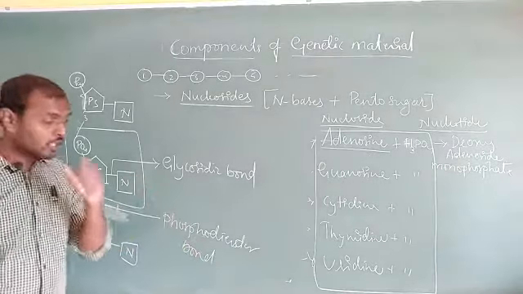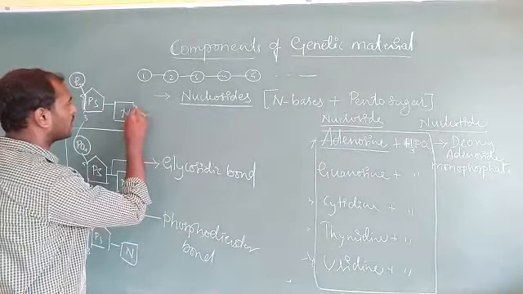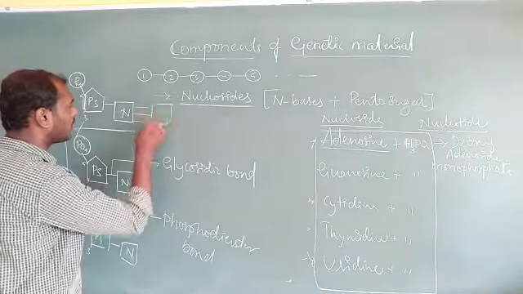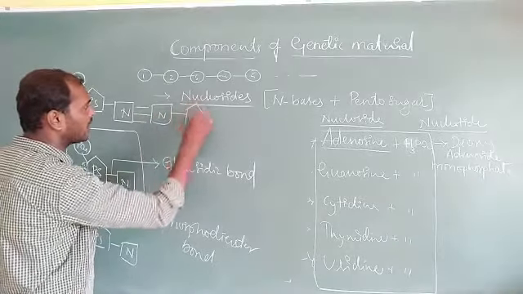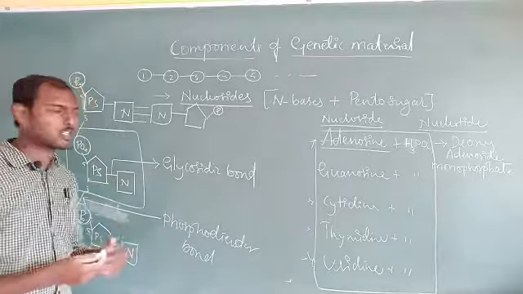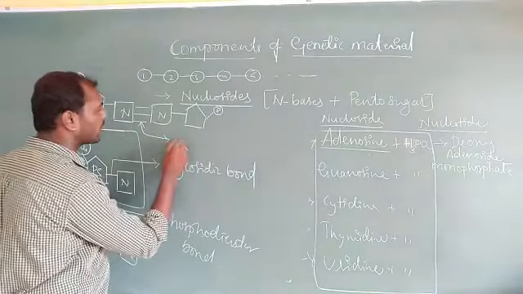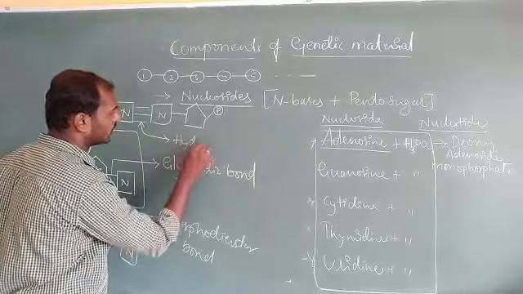One more kind of bond is a very simple bond between the two different nitrogen bases of the opposite sides. We are going to detail that in the next class, and for now I will simply tell you that this bond is called the hydrogen bond.